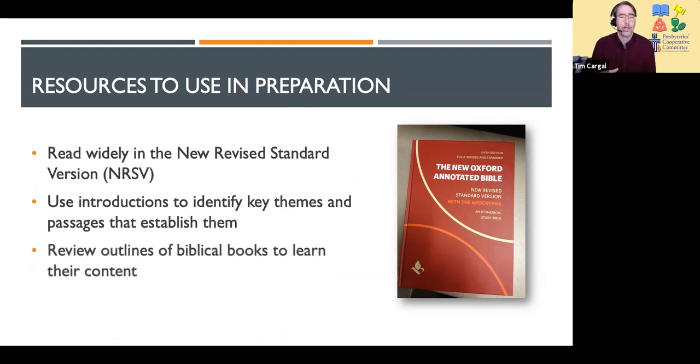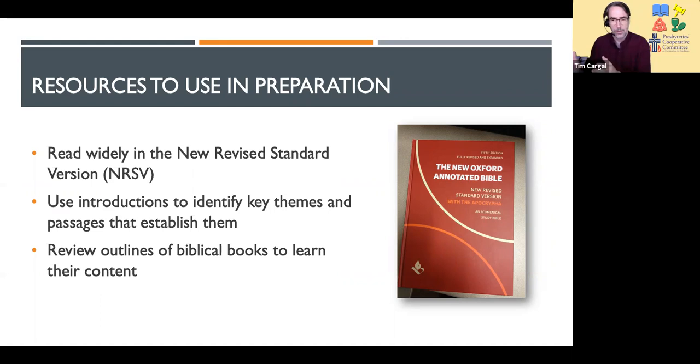You're also going to want to look at outlines of the biblical book, simply to learn what's in it. Across 1st and 2nd Samuel and 1st and 2nd Kings, where are the stories about Solomon? Where are the stories about David? Where are the stories about Hezekiah? That way you can familiarize yourself with the content.